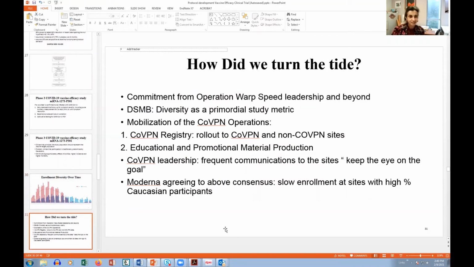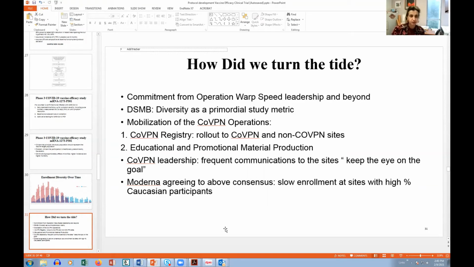Initially, there wasn't a lot of buy-in from the company, but it took commitment from Operation Warp Speed leadership and beyond. The DSMBs pre-specified that diversity is a study metric that has to be followed. CoVPN operations were mobilized.